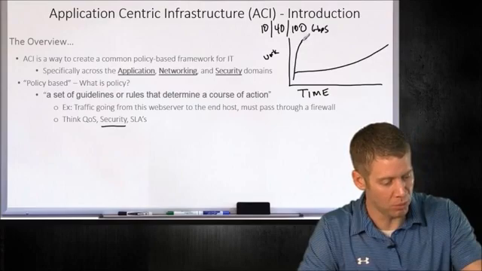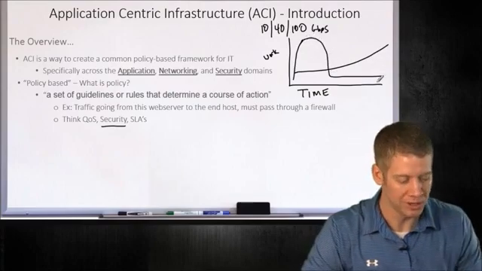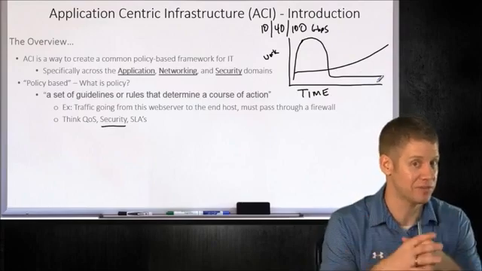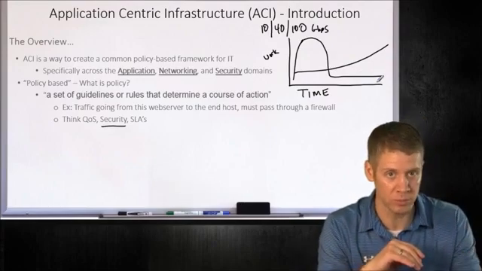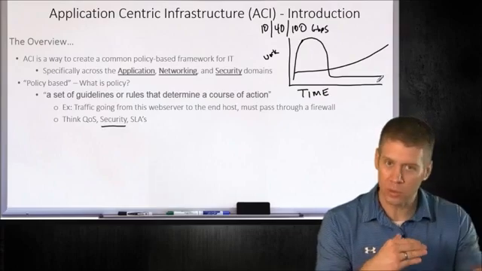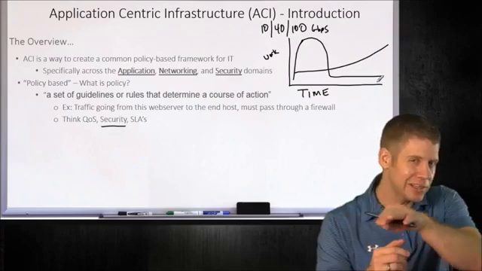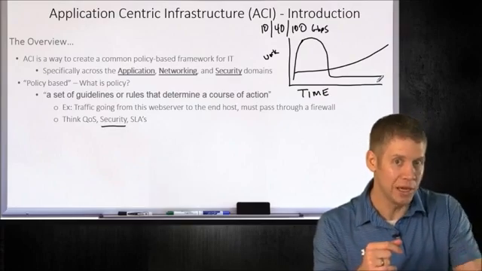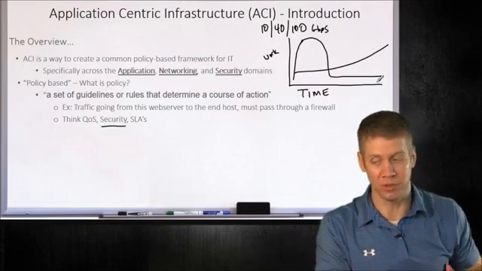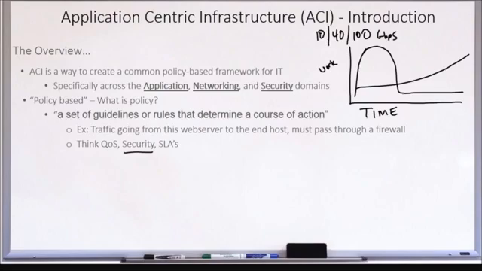But once you get it implemented, that work's going to drop off and plateau like this. I think Cisco actually has some graphs out there that represent something like this. But this has been historically my experience with it: you're going to have a lot of work at the very, very beginning, but after you get that work done, it's going to plateau off, and you're just going to be able to reuse stuff that you've already done near the beginning of that implementation. So just be aware of that as you go into it, because I don't want you guys to get soured on it, like I was in the very beginning.